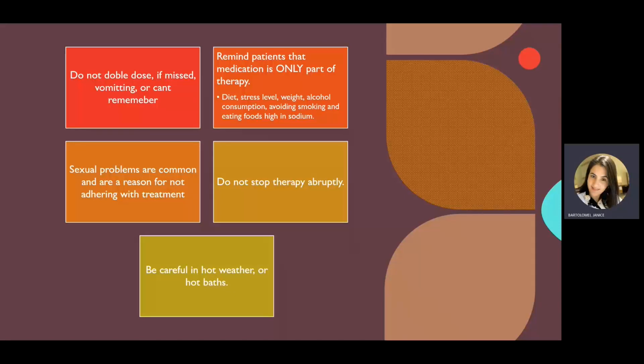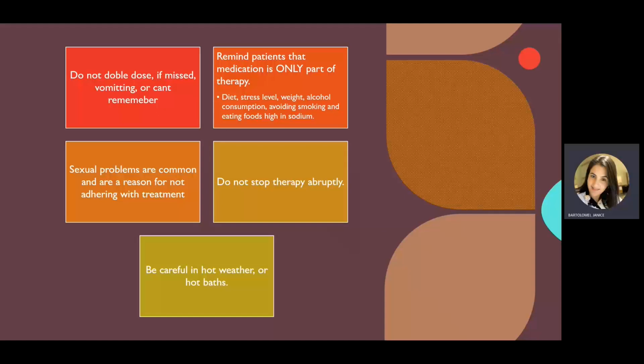You also want to teach them that, hey, these medications such as vasodilators should not be given with erectile dysfunction medication because of the risk of more hypotension. So we got to be careful, right? Also, another thing to consider is that a lot of the blood pressure meds, especially beta blockers, they do affect the sex drive on individuals.